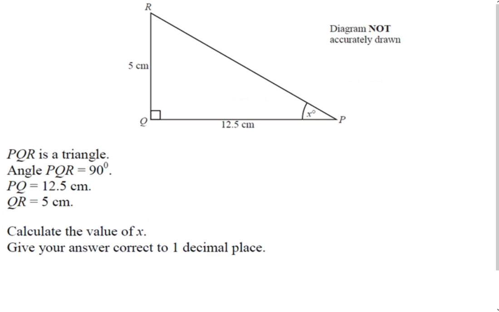Last one. PQR is a triangle. PQR is 90 degrees. Great. Trigonometry. The side opposite my right angle is my hypotenuse.